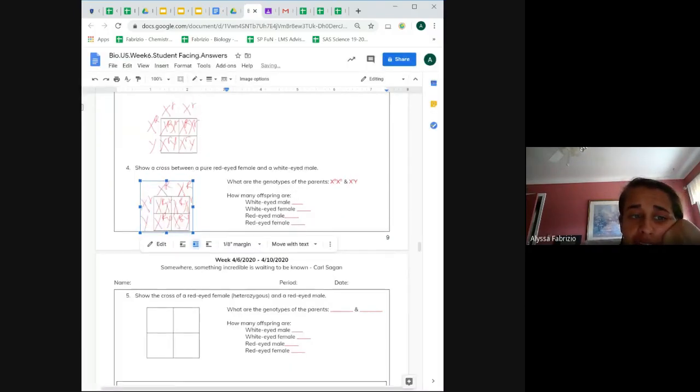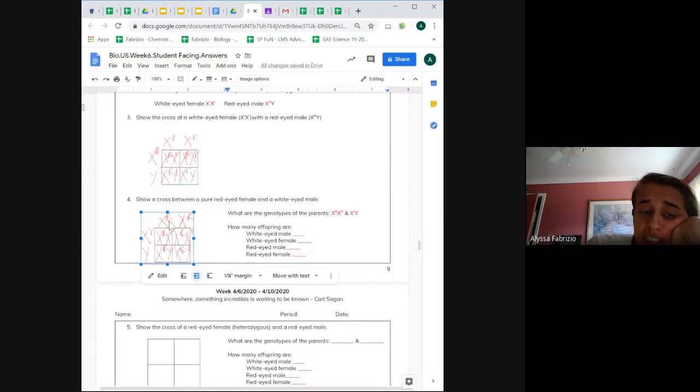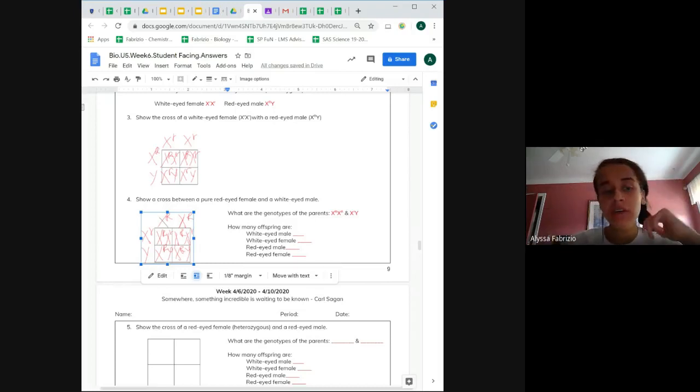So hopefully by now, by comparing these 2 crosses, we can see that if the trait is linked to a sex chromosome, the male's determination on if he's going to express that disease or trait is going to be dependent on his mother, right?